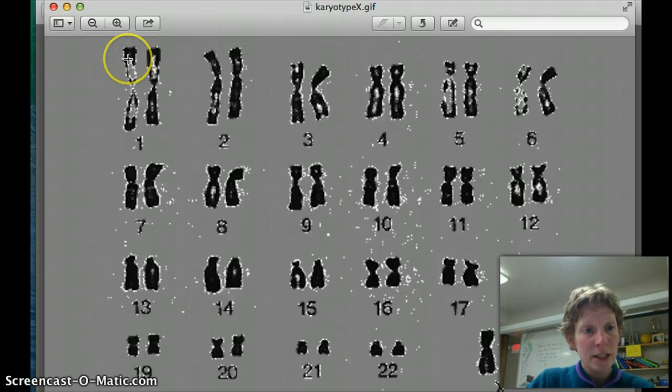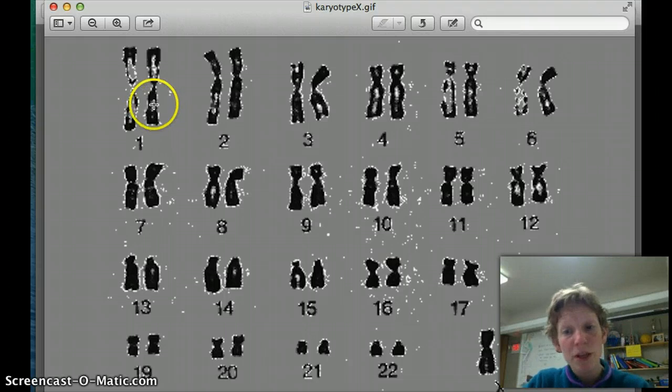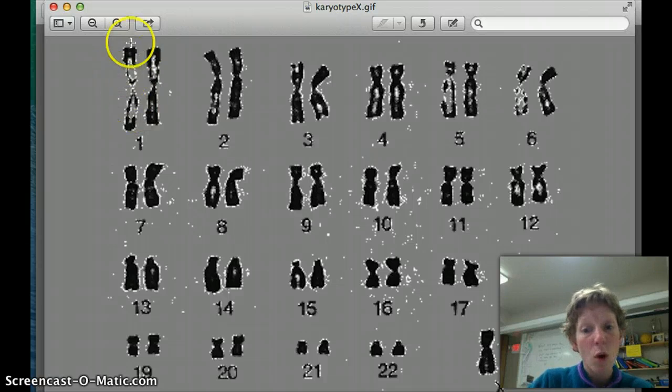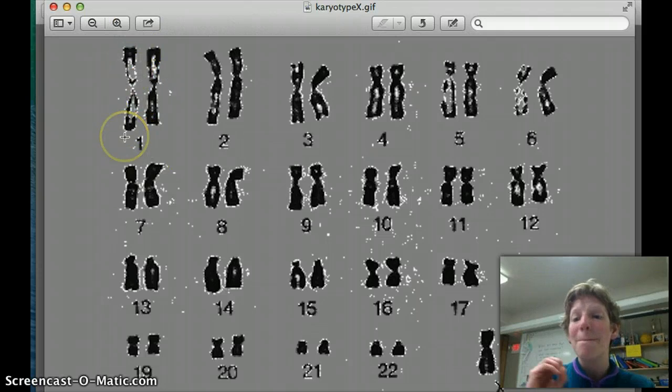So if eye color is here, eye color will be here. Hair type is here, hair type will be here. If skin color is here, skin color will be here. And as you can see, there are genes for many different traits on the same chromosome. It's not like this whole entire chromosome codes for one thing. This entire chromosome codes for many traits.